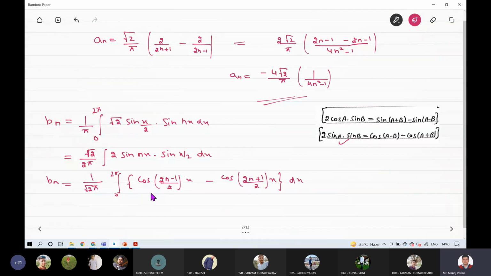So if I integrate this term, now I can simply integrate this term.